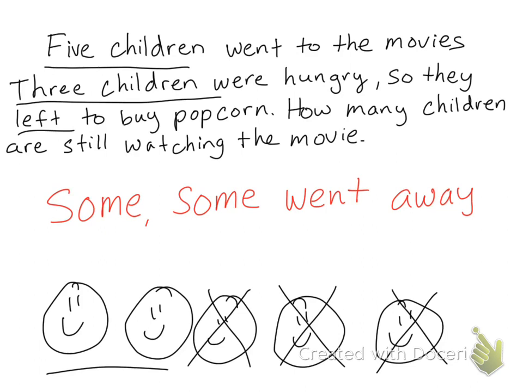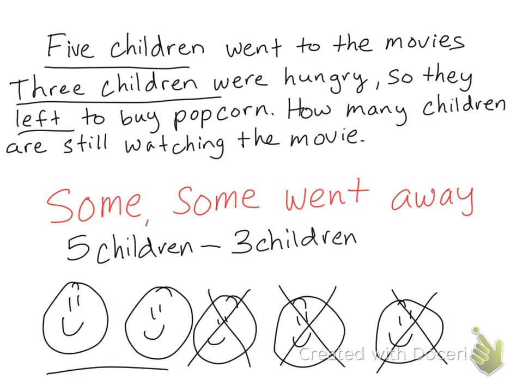If I want to write this as a number sentence, I would write 5 children, because that's what I start with. Then when I take some went away, that's a minus sign. So 5 children minus the 3 children who left. And what are we wanting to know? How many children are still watching the movie? So 5 children minus 3 children equals 2 children.